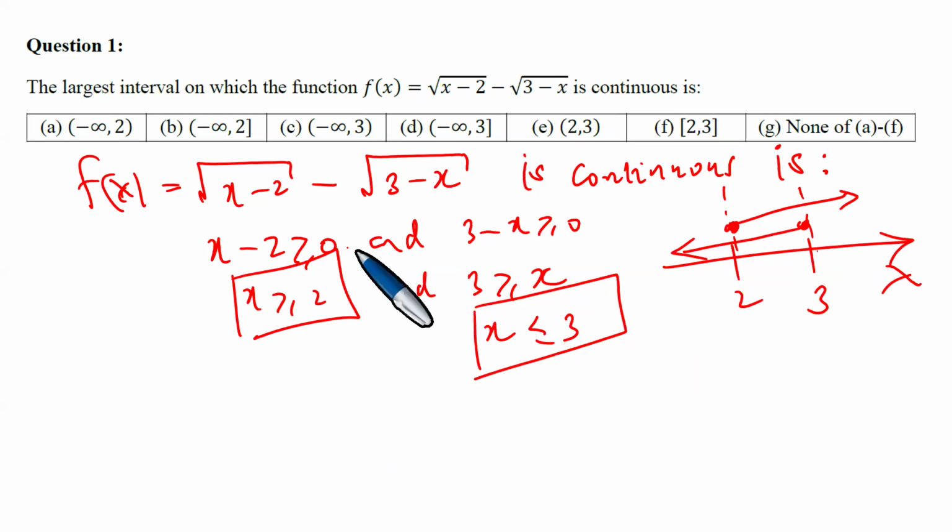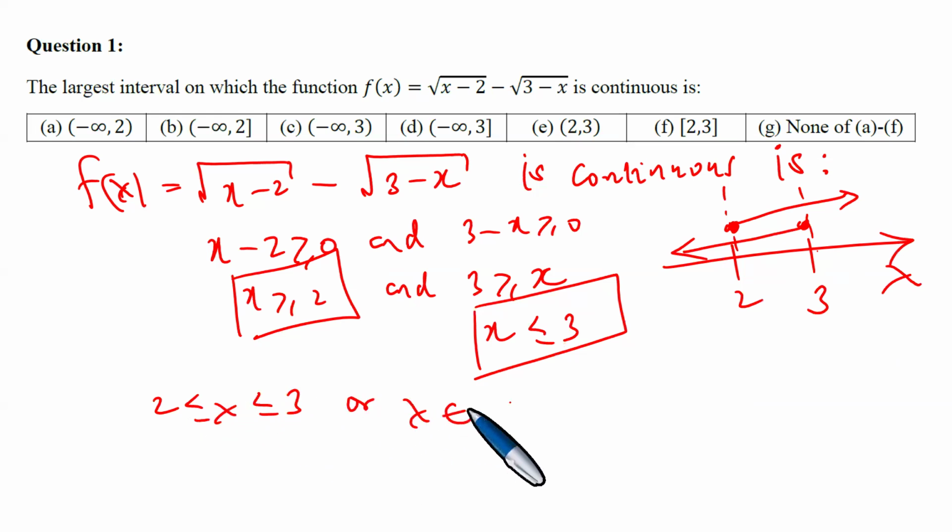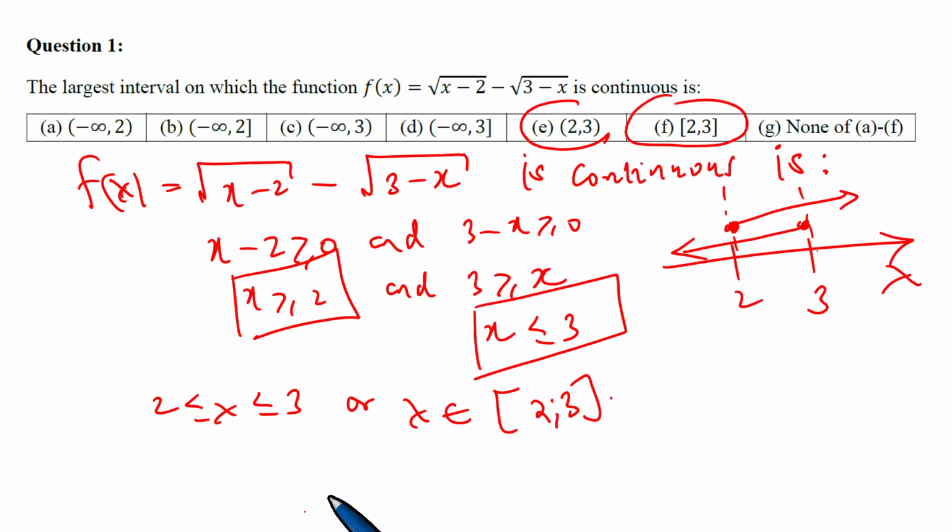You'd look at the fact that these must both be true, which means therefore that 2 is less or equal to x less or equal to 3, or x is an element of the interval from 2 to 3. So this would be the largest interval, which is exactly 2 to 3 there.